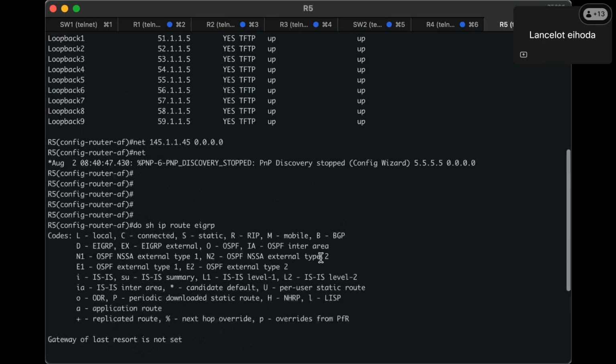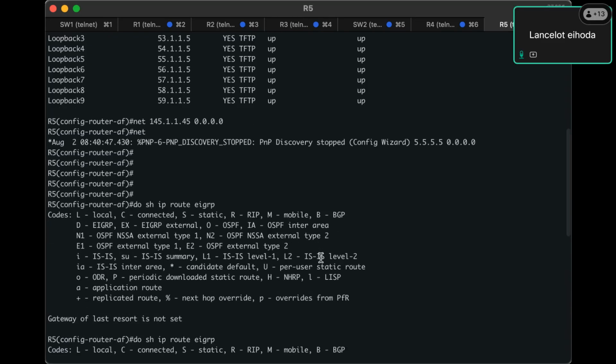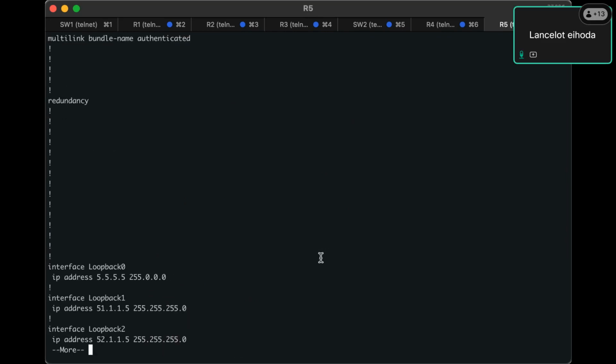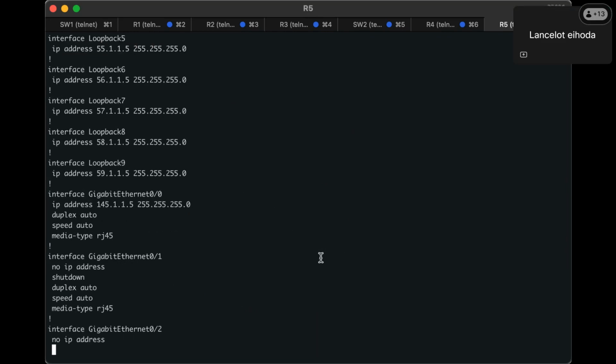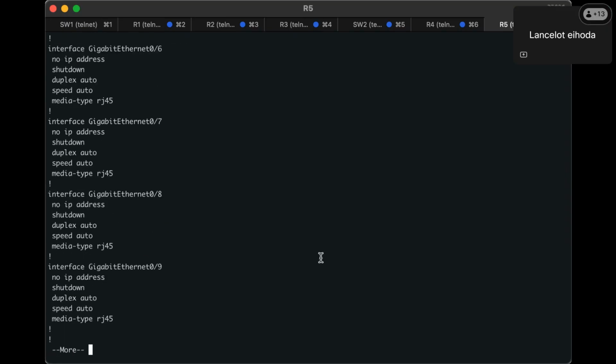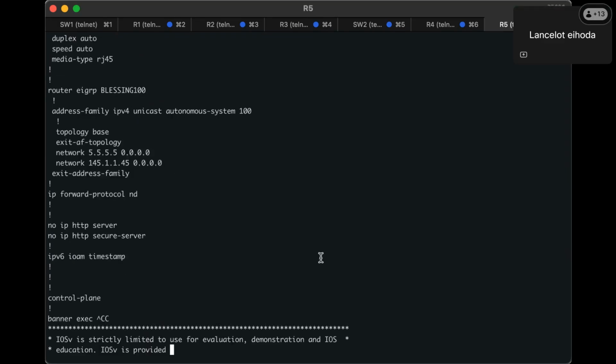I can see my adjacency is not up, but I am wondering what I did wrong.